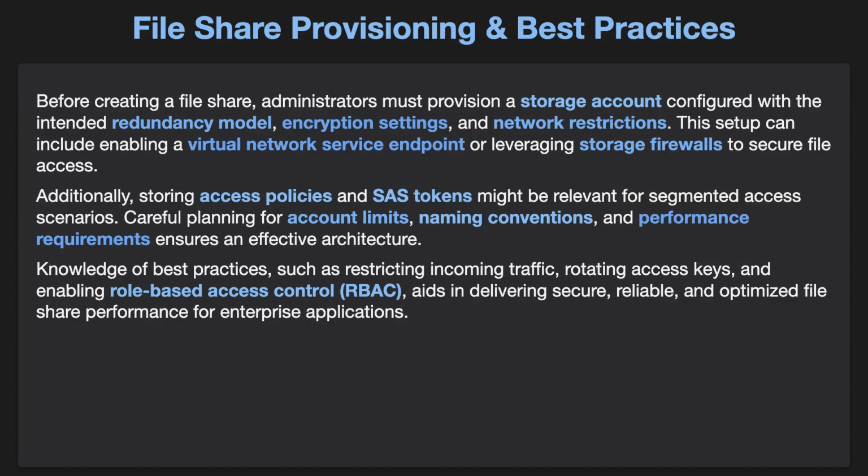Careful planning for account limits, naming conventions, and performance requirements ensures an effective architecture. Knowledge of best practices, such as restricting incoming traffic, rotating access keys, and enabling role-based access control (RBAC), aids in delivering secure, reliable, and optimized file share performance for enterprise applications.